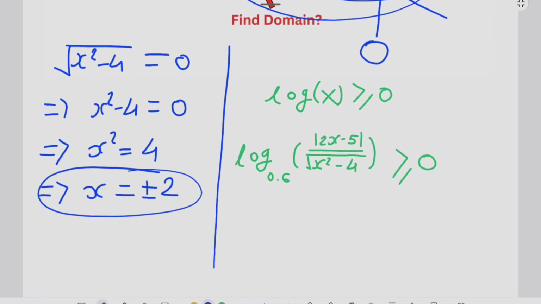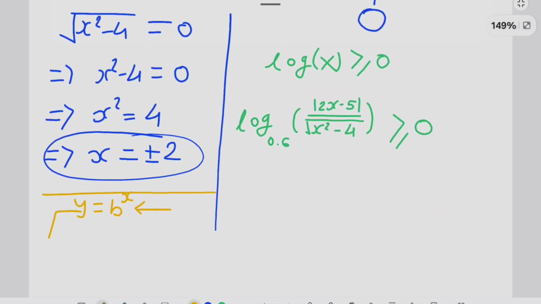And you know one condition, and it's very fundamental to know that if y is equal to b raised to x, this is an exponential form. If we convert it into logarithmic form, then it will be x is equal to log y base b. This is a rule.